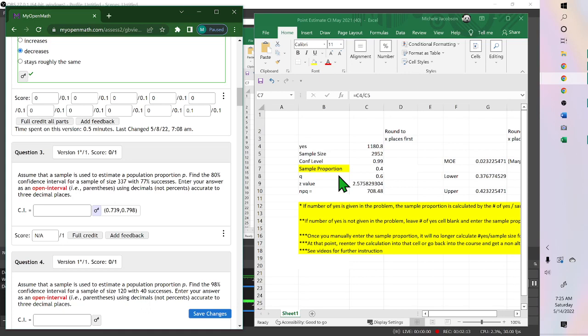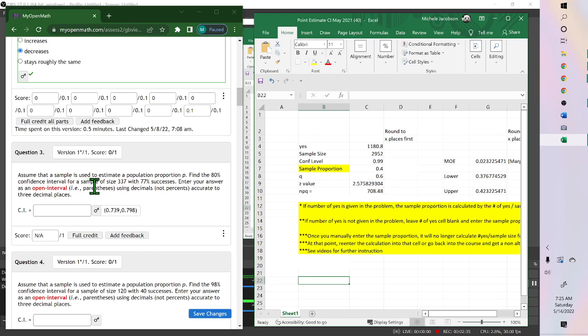If you type into sample proportion, like if I would have put the 40% here, then it deletes the formula that's in it. And so then you can close it and reopen it. Or you can find the sample proportion each time. So I usually just find the number of yeses.